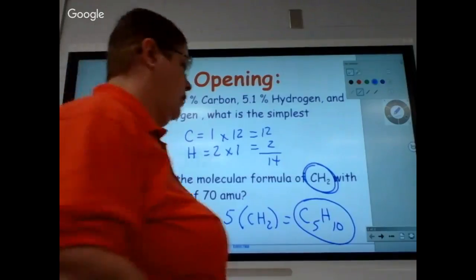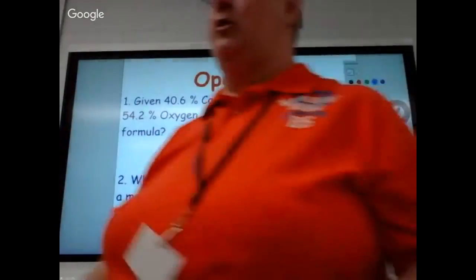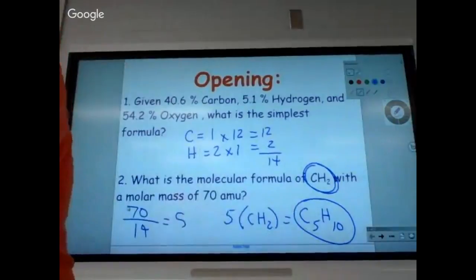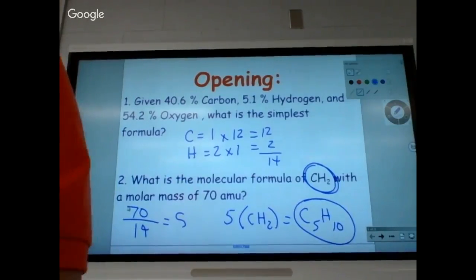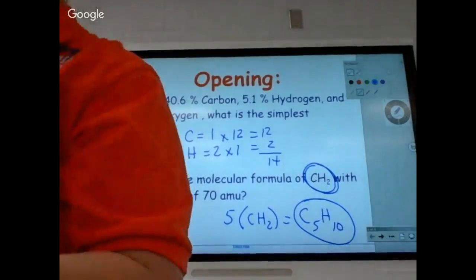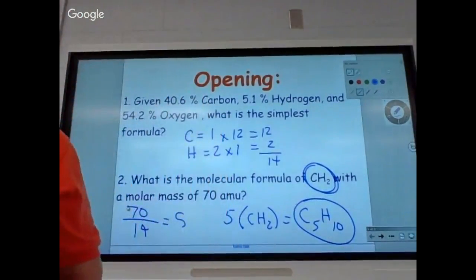All right, let's talk homework real quick. See what things we have questions on with the homework. On the front side, number 1 should be CH4. Number 3, AlPO4. And number 5, Na2SO4. Any issues with the empirical formulas?